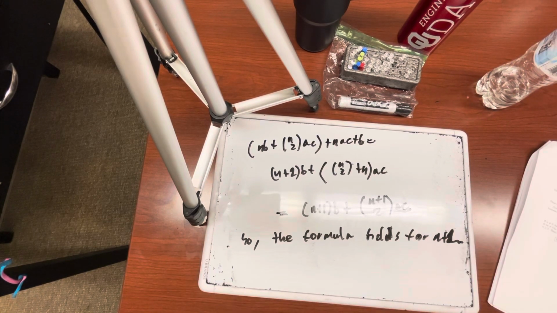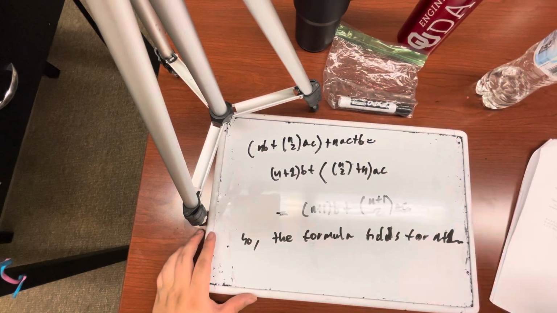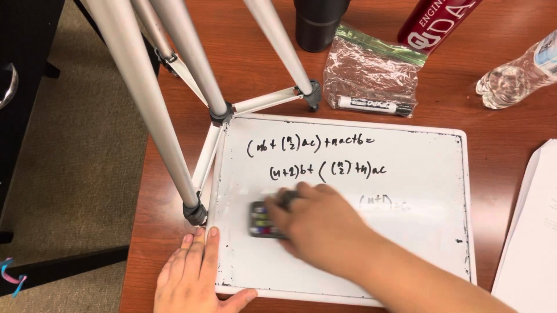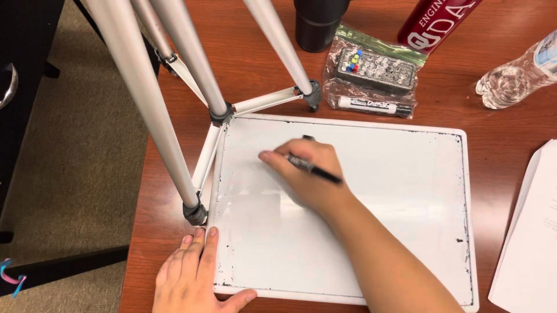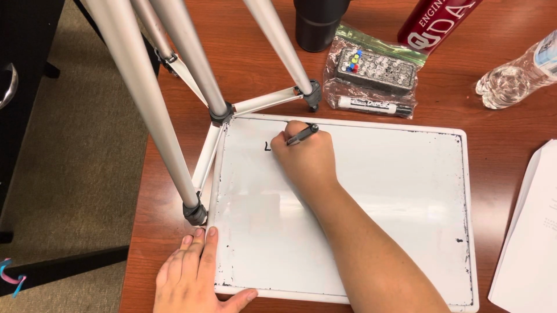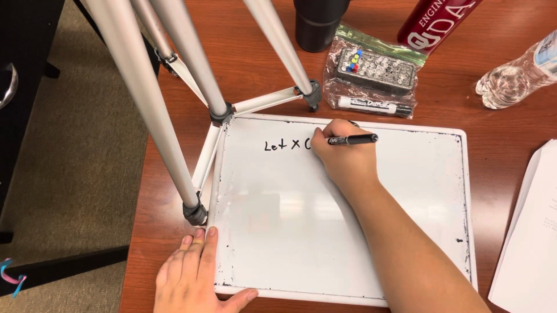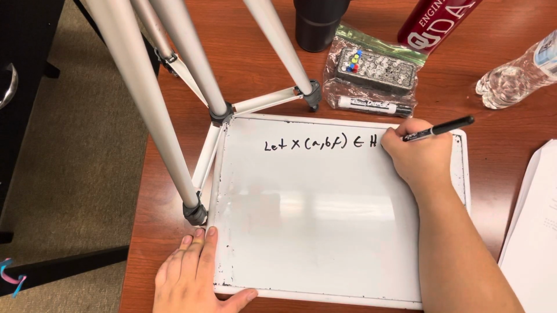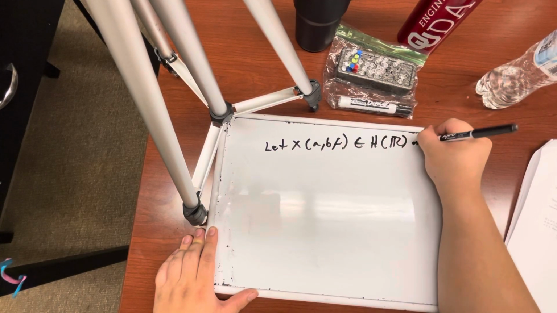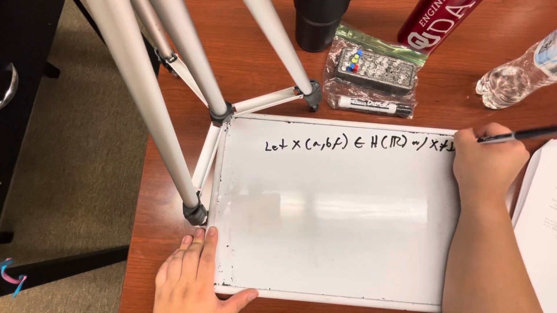Well, yes. And so let's get a better look at this in terms of what it means for what we're solving more directly. So let x of a, b, c be within H over R with x not equal to the identity.